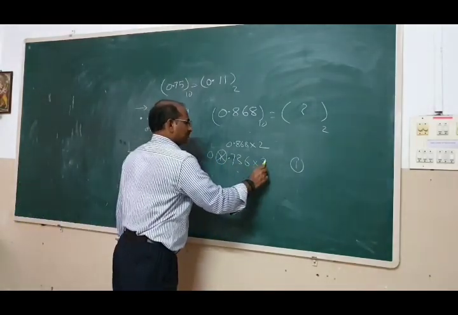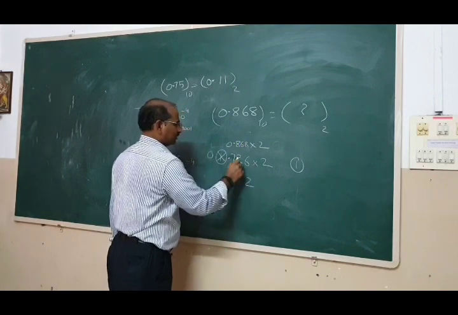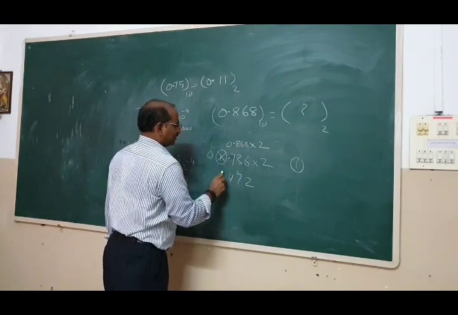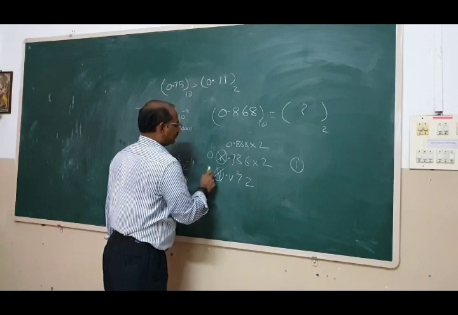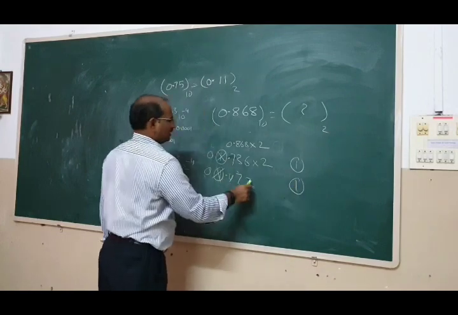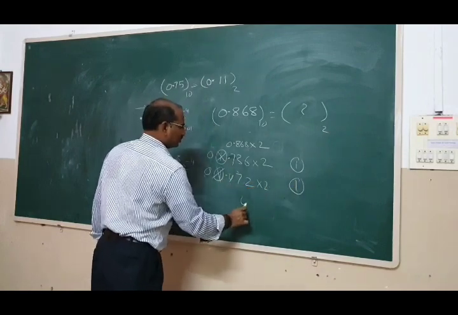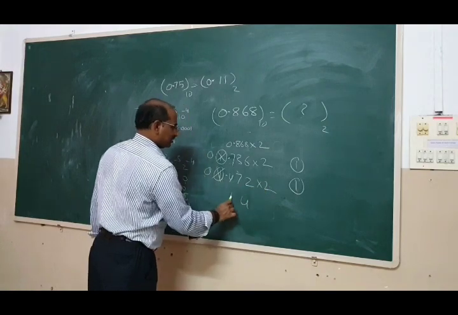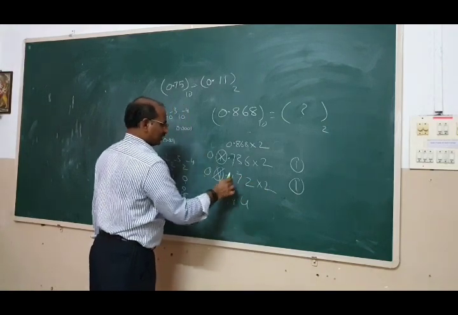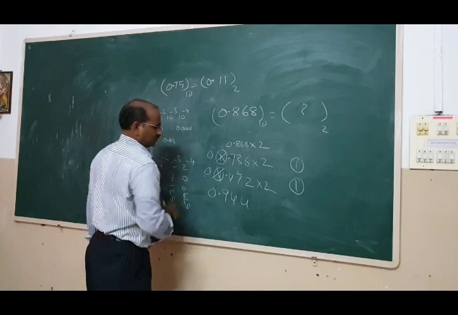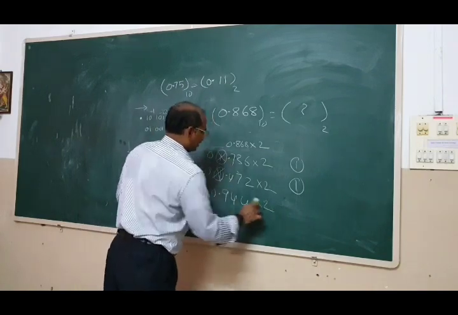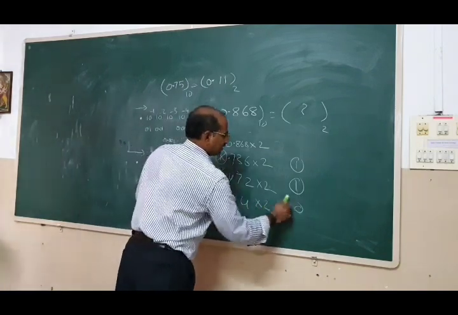Again multiply with 2: 2 6s are 12, 2 3s are 6, 7, 2 7s are 14. You are getting again 1. You write it here. Again into 2: 2 2s are 4, 2 7s are 14, carry 1, 2 4s are 8, 9. So you are not getting any 1 here, you write 0.